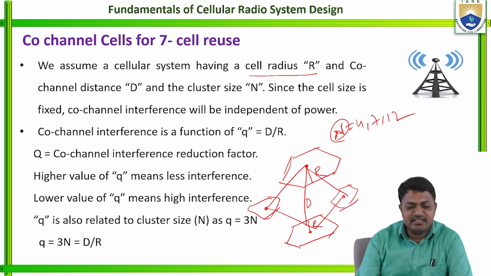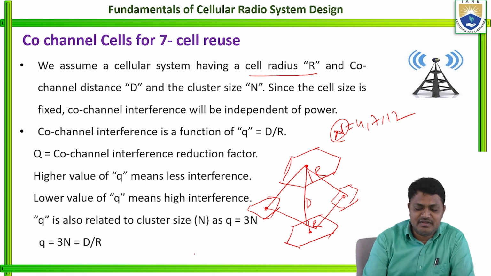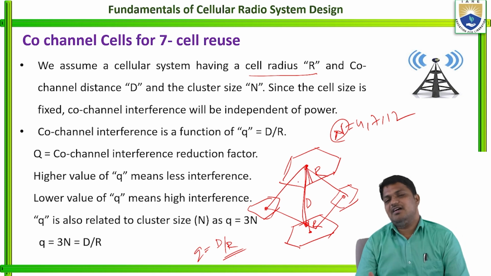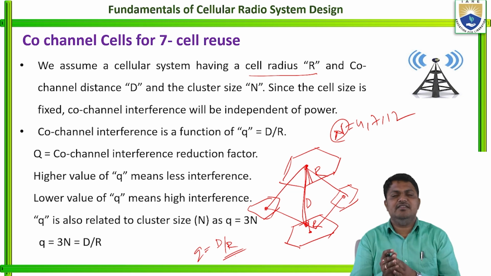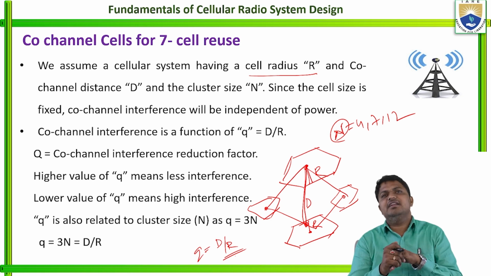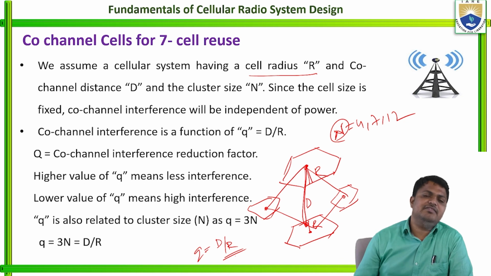The co-channel interference will depend upon the power. Then the co-channel interference function is calculated as Q = D/R. We already know that D is the distance from one cell to another cell, and R is the radius of each cell. We can calculate the co-channel interference as a function of Q. So here Q is the co-channel interference reduction factor. Then how to reduce the co-channel interference reduction factor?